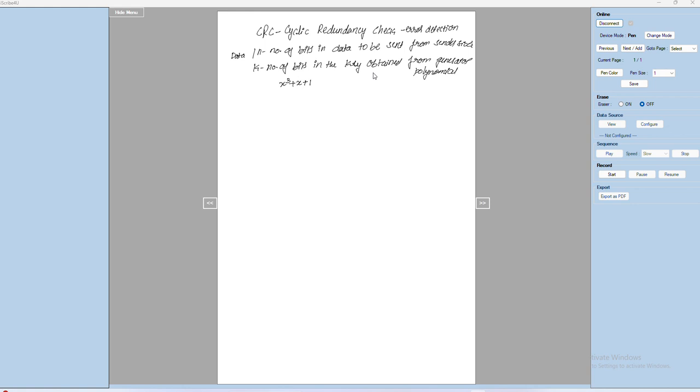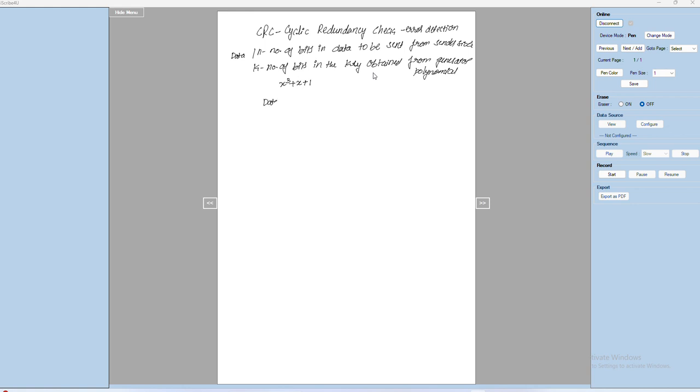When we communicate we cannot assure that the actual data will be sent from sender to receiver. For example, when I say hello, the hello will be transmitted in the form of a binary value, and that binary value will be sent to the receiver. And here the data will be taken in the form of a binary value.